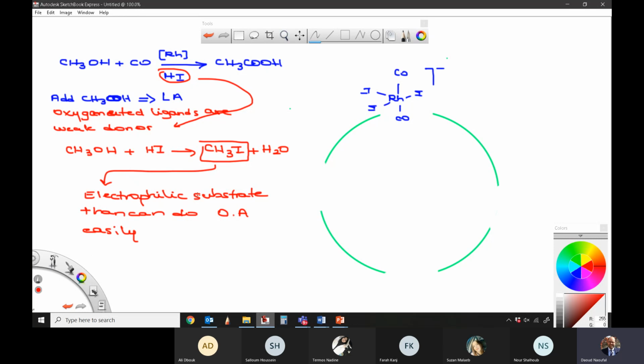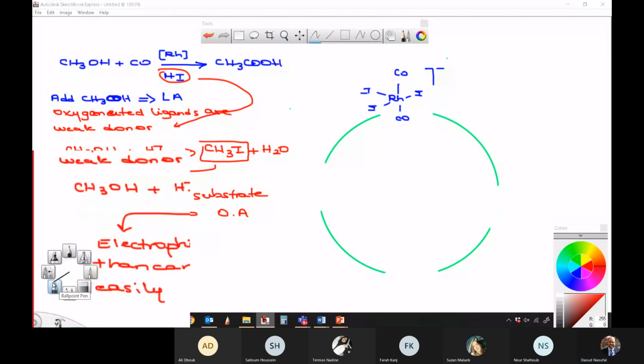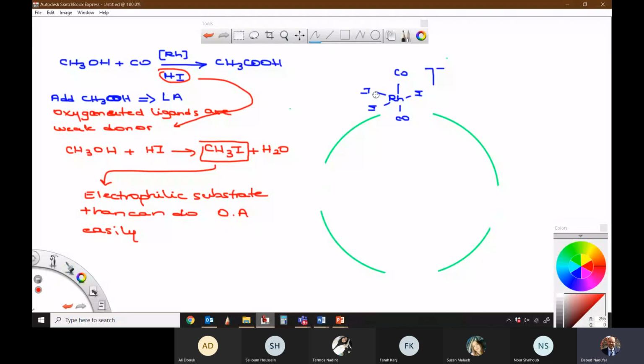I will search CH3. So this is rhodium I2 CO2, then the catalyst used is given is rhodium I2 CO2 minus.